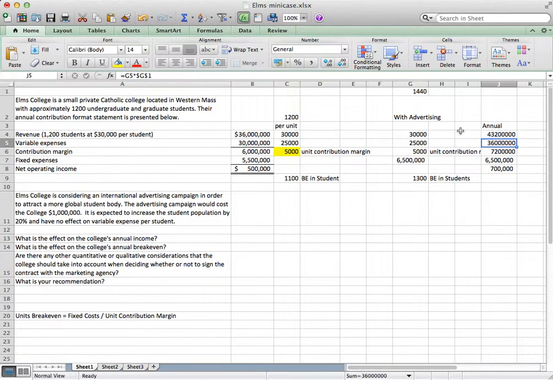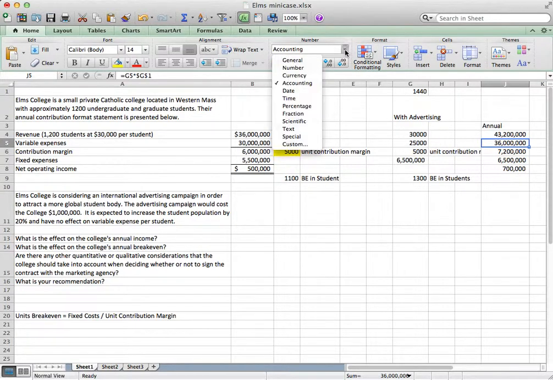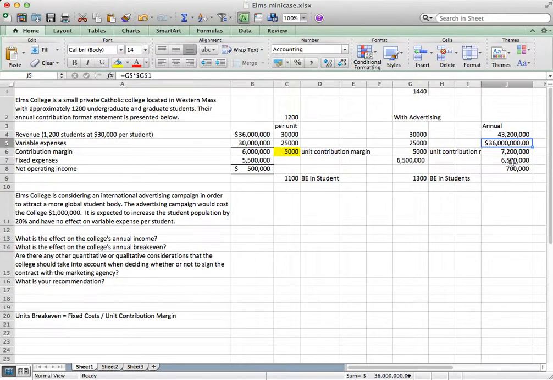So let me just format this up a little bit here. The formatting drives me nuts. So I'm going to quickly format this. Let's see.